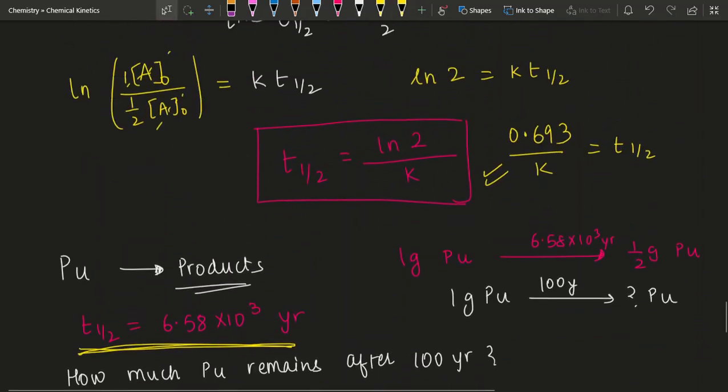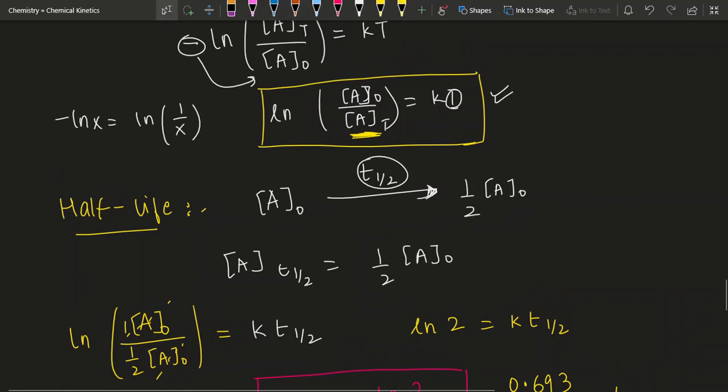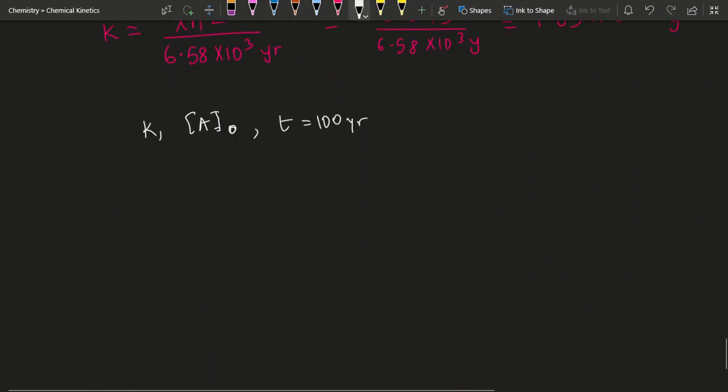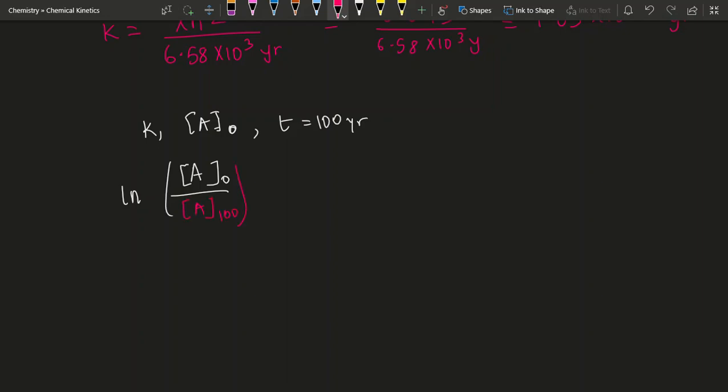So then you would use this equation right here: the natural log of a naught over a at 100 years is equal to k times 100 years. I have put in 100 years for t.